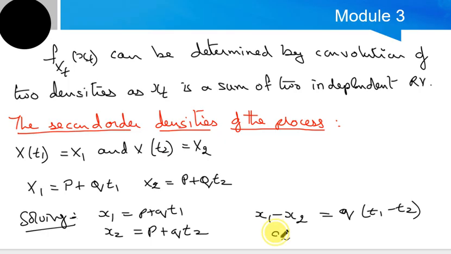Therefore, I get the value of q. My q will be equal to x1 minus x2 divided by t1 minus t2. Now having got q, I can easily find my p. I know that p is nothing but x1 minus q times t1.